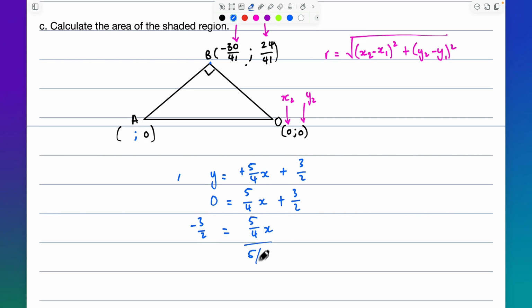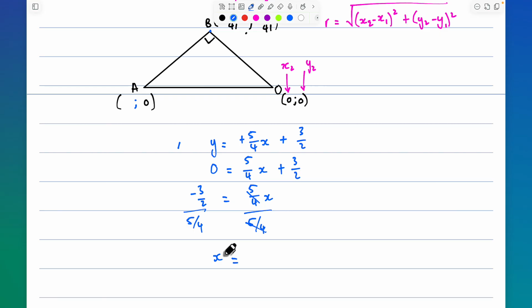Divide both sides by 5 over 4. And if you throw that into your calculator, negative 3 over 2 divided by 5 over 4 gives you negative 6 over 5. That's your x value for that point A.